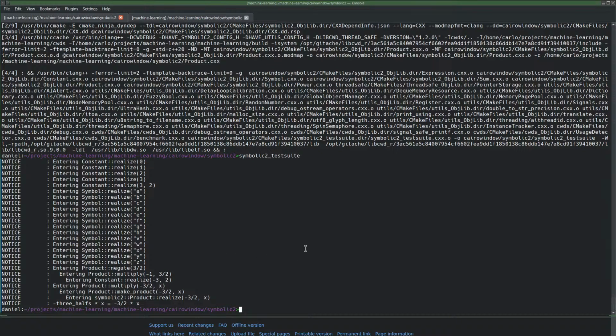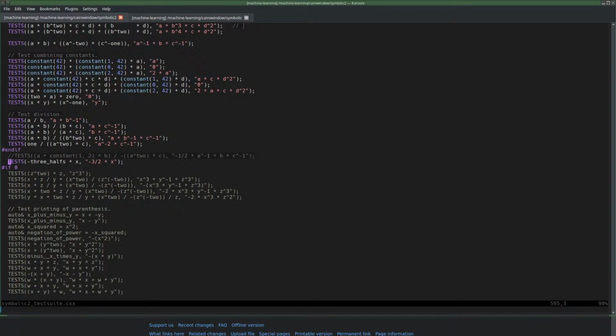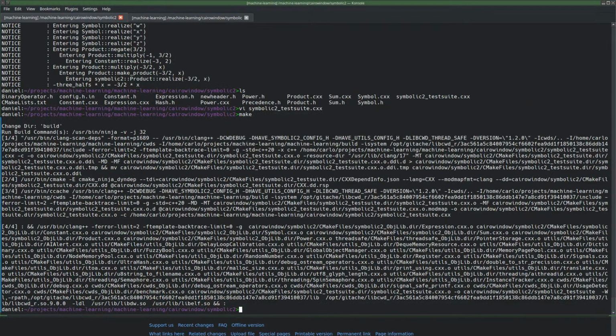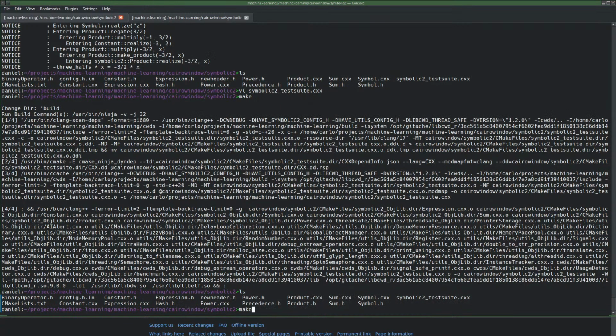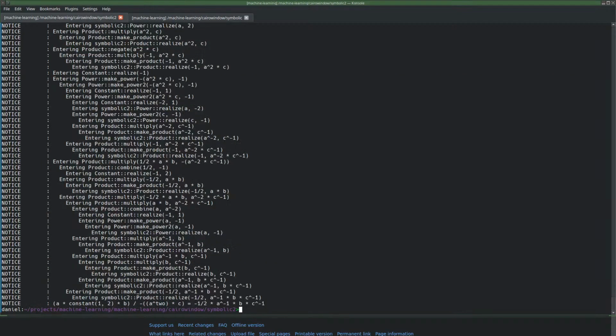Let's try the whole test suite. Let's try that one line first. I should make dinner, damn it. It's getting too late. And now we're on the test line. Yes. So we have our minus 1/2 back without parentheses. Very, very good.